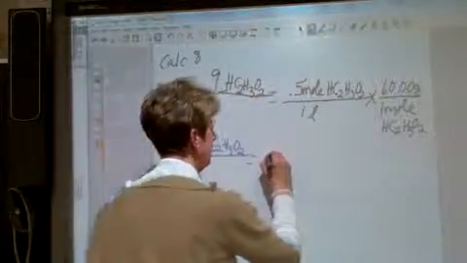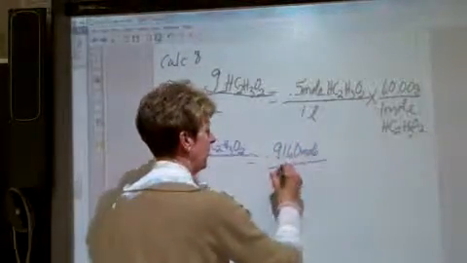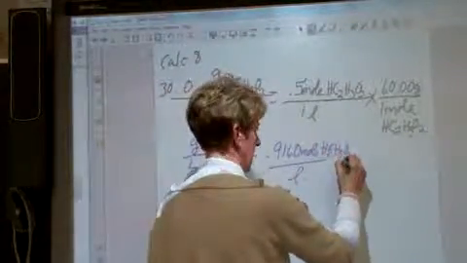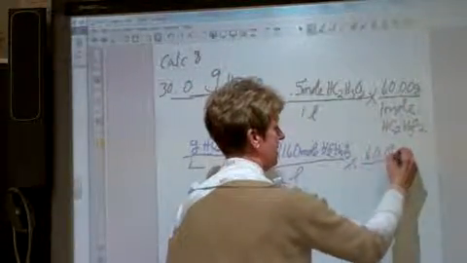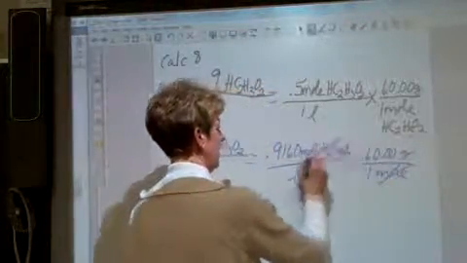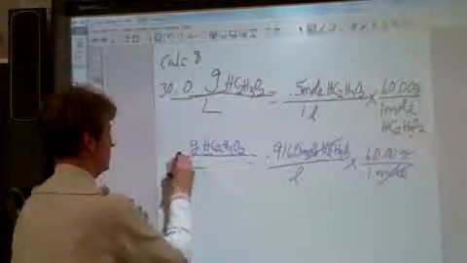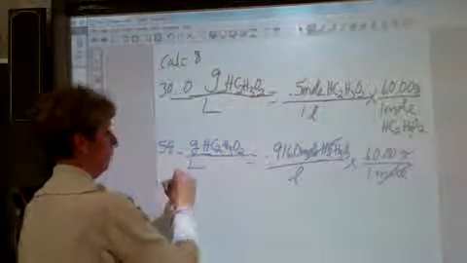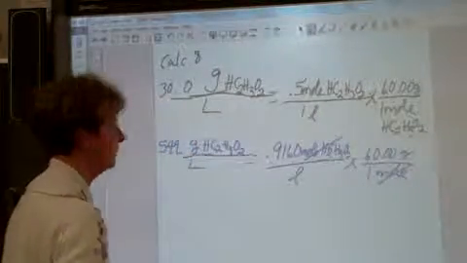So that's what I'm going to use, 0.9160 moles per liter HC2H3O2, times that molar mass again. That number is still what we're using. And 1 mole of acetic. Moles will cancel. And I think when we crunched this number out, we had 54.9, okay, grams per liter.